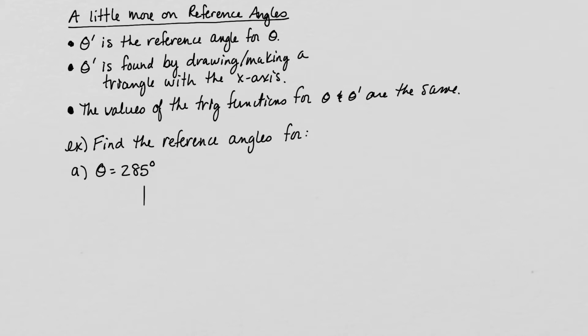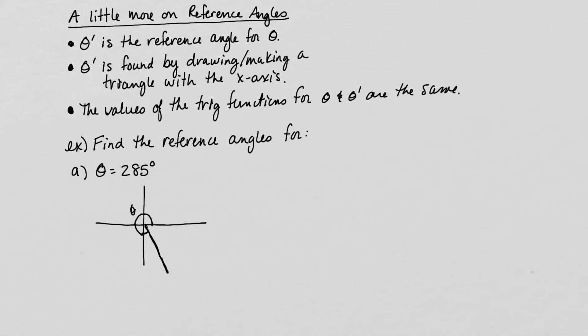So 285 degrees, remember each quadrant is 90 degrees. So if I start my angle, 90, 180, 270, 285 is a little bit further. So this would be that angle, this is theta, 285 degrees.